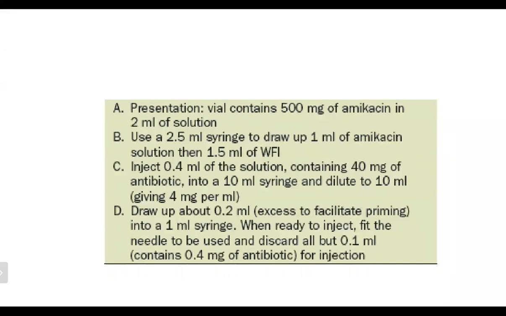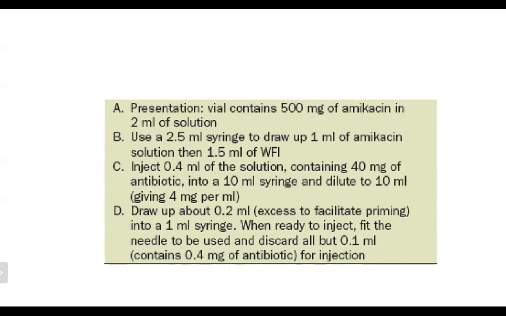It comes as a solution, 500 milligram in 2 mils. So you get a syringe, and then you draw 1 mil from the 2 mil vial. To that 1 mil that you have drawn, that means you have 250 milligrams in it.